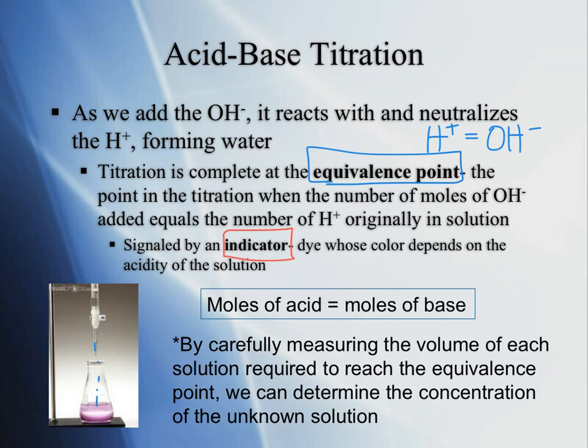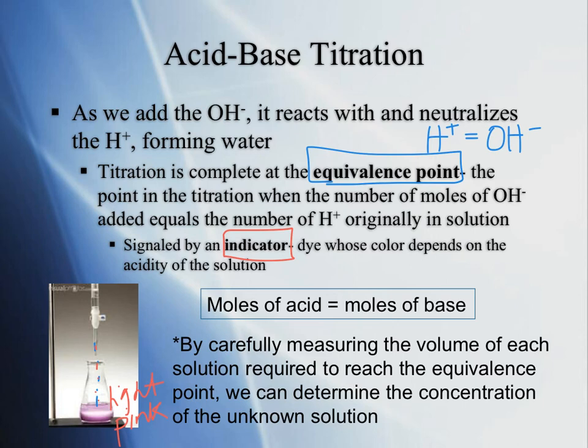So if we can get drop by drop, and get it to be a super light pink, we know that we've basically made as neutral of a solution as possible. If it's super dark pink, that means you've added too much too fast, and now there's more base than acid.